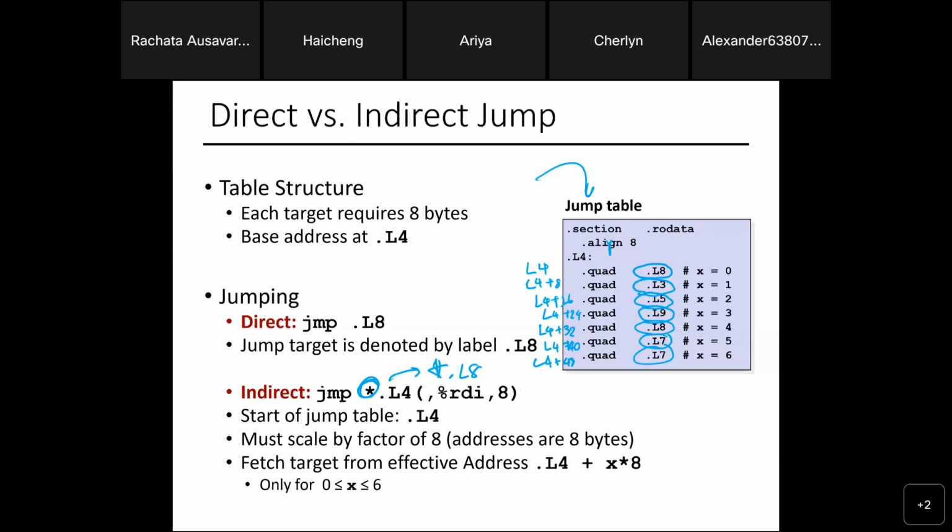If X is equal to 1, you look at L4 plus 8, which means you jump to L3. If X is 2, you look at L4 plus 16, which means you jump to L5. So depending on the value of X, you jump to different locations. L4 is just a table that tells you where to jump, depending on the value of X.